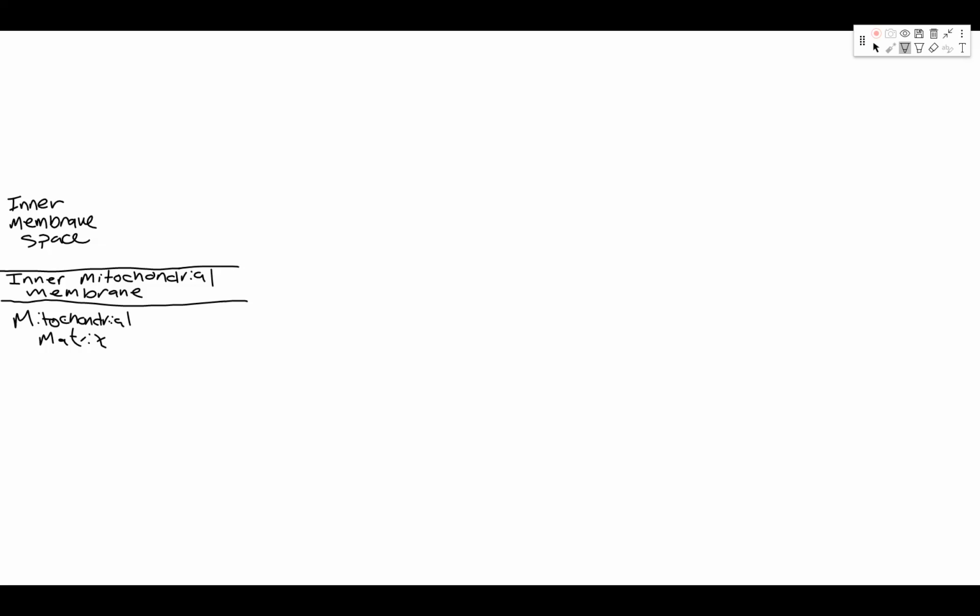We've got 4 proteins, the first of which is a transmembrane protein. So it's going to be on both sides of the membrane, and that is going to be complex 1. We use Roman numerals to differentiate between these. This is complex 1.